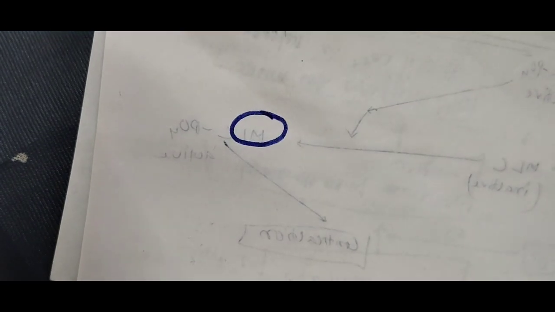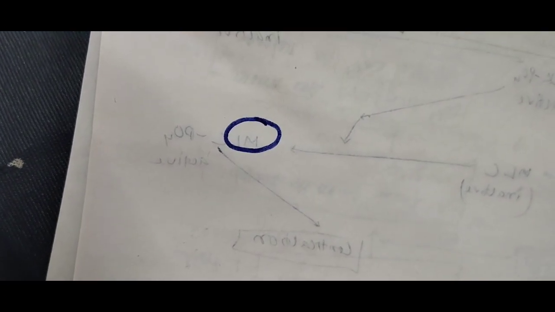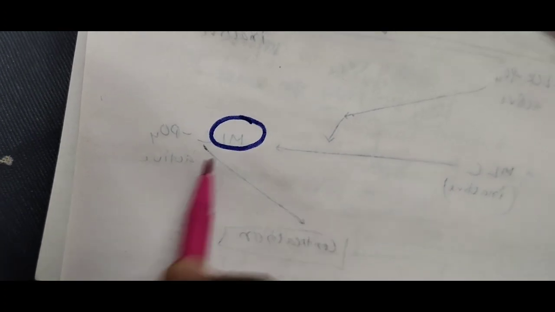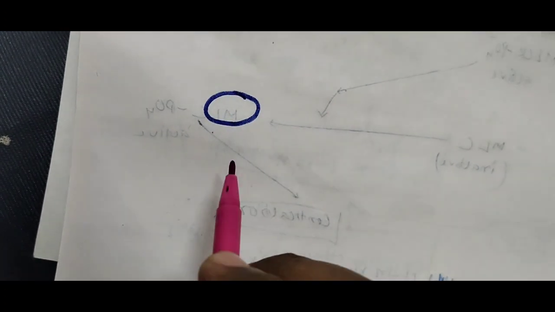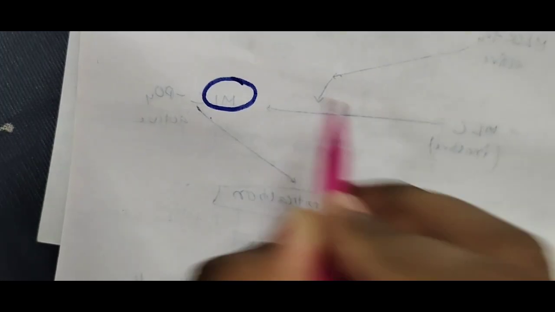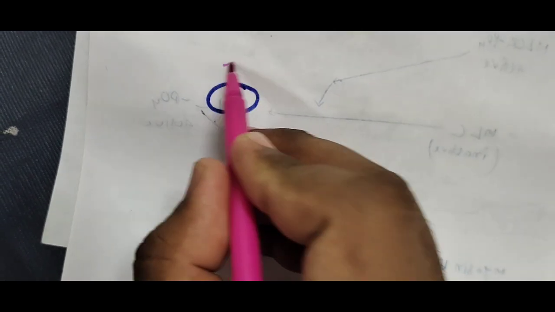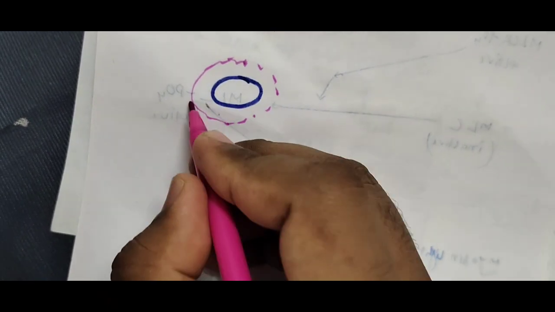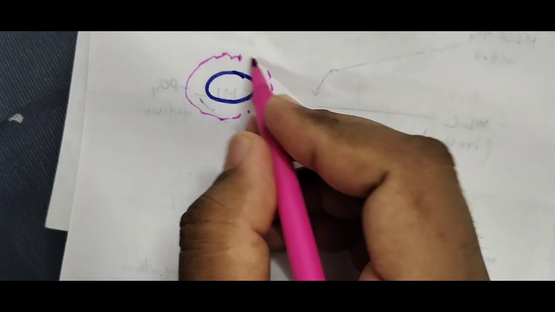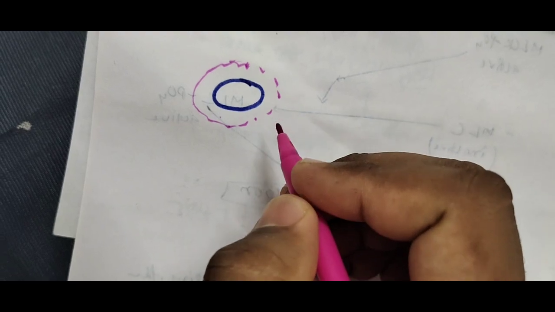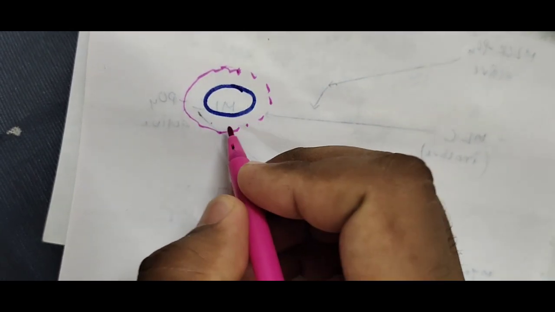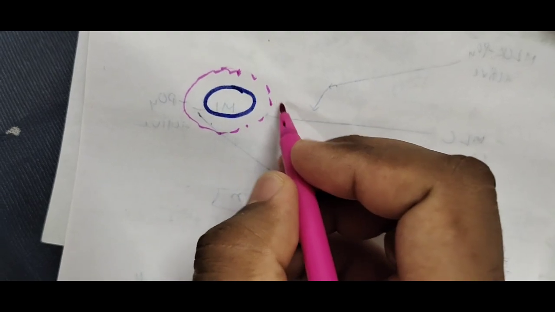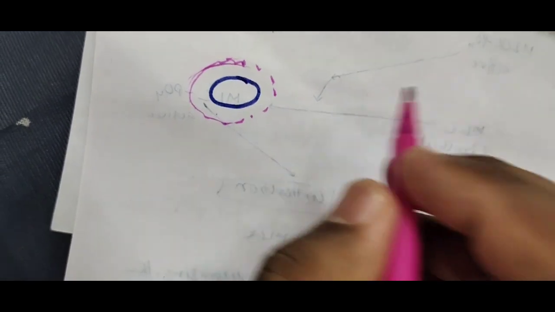Now, what is conservative excision, or conservative surgical excision? Suppose this is a tumor. We remove this tumor along with a small amount of surrounding tissue, so that no part of the tumor persists in this area.